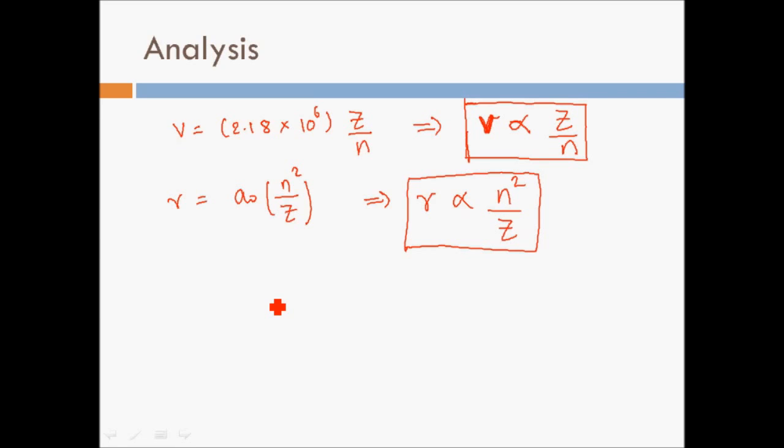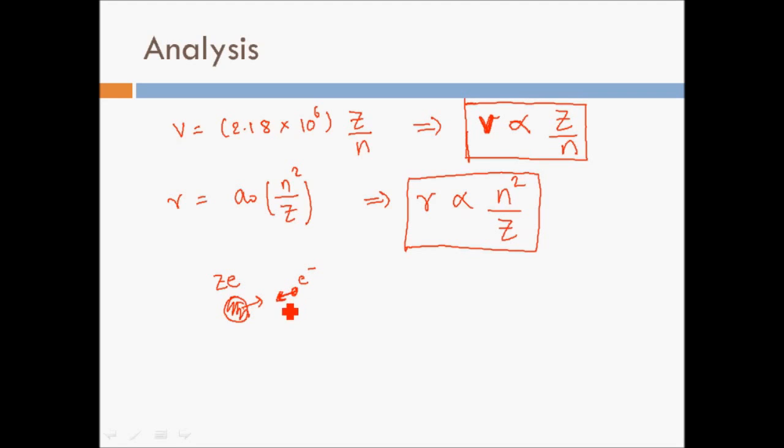Similarly, the greater the value of z, the greater is the charge on the nucleus, so the greater will be the electrostatic force between the nucleus and electron. If the force is higher, the electron will be closer to the nucleus.